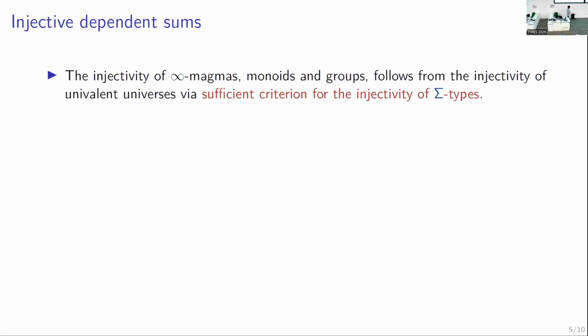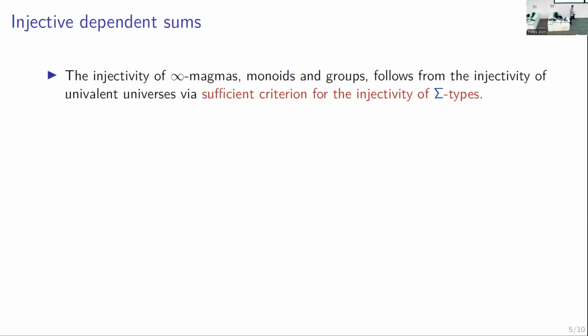Okay. So how do you get the injectivity of the magmas and monoids and groups, etc.? This is done by a general theorem that gives you a sufficient criterion for the injectivity of a sigma type. The idea is that these mathematical structures are essentially bundles. They're essentially sigma types over a universe. You take a carrier, and then you have an operation, and then the operation satisfies axioms, and so on.